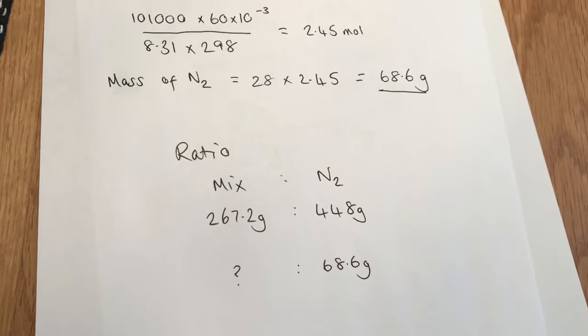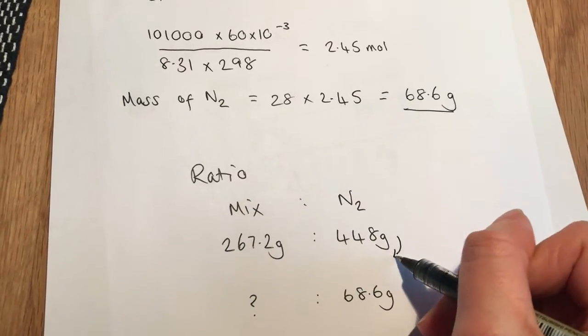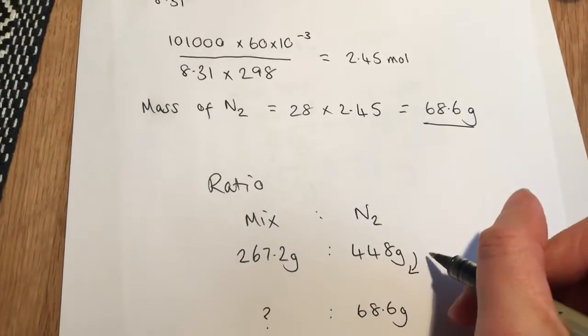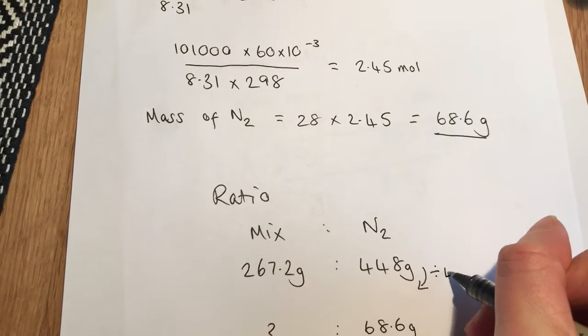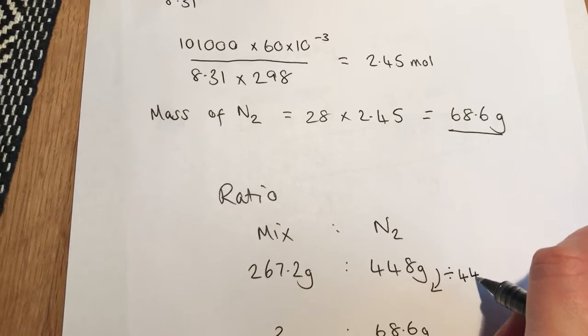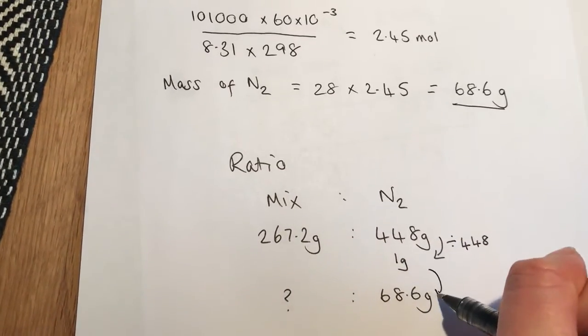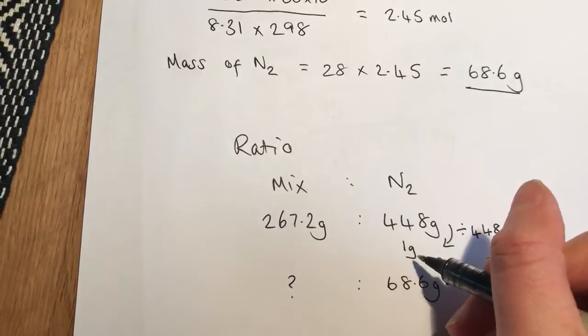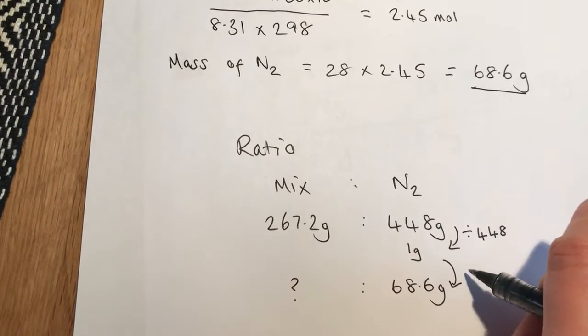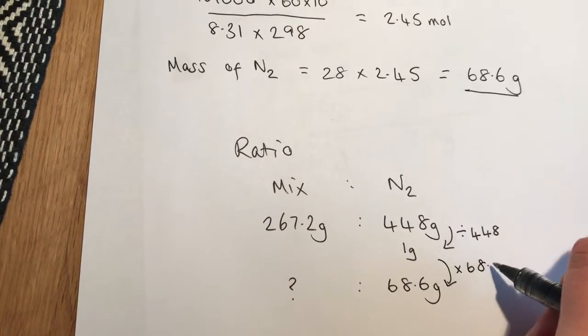And this is just working in ratios. If I were to have a calculator, I'd divide both sides by 448 to get 1 gram of nitrogen. Then whatever I do on one side, I do to the other. So 1 gram to 68.6, I multiply by 68.6.